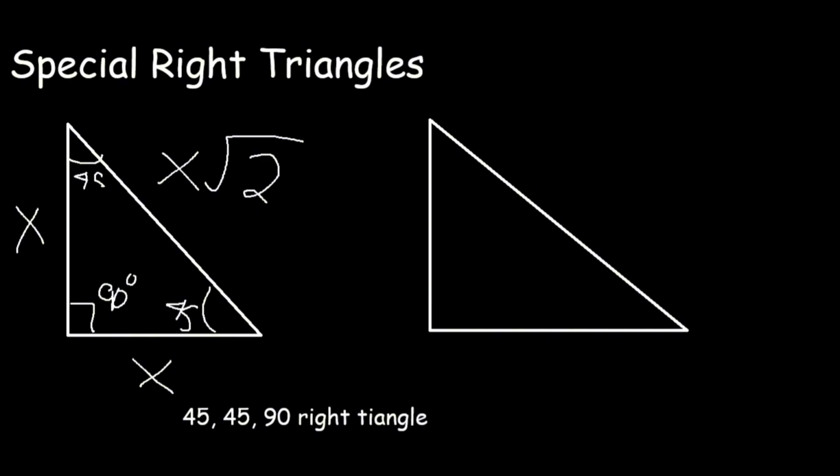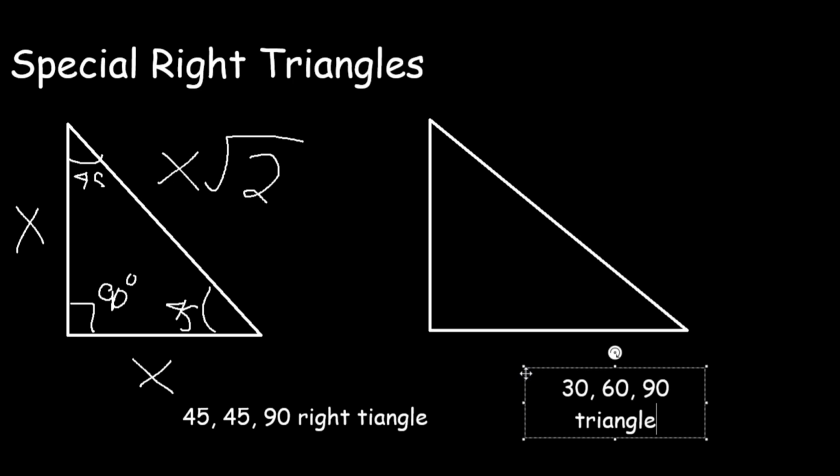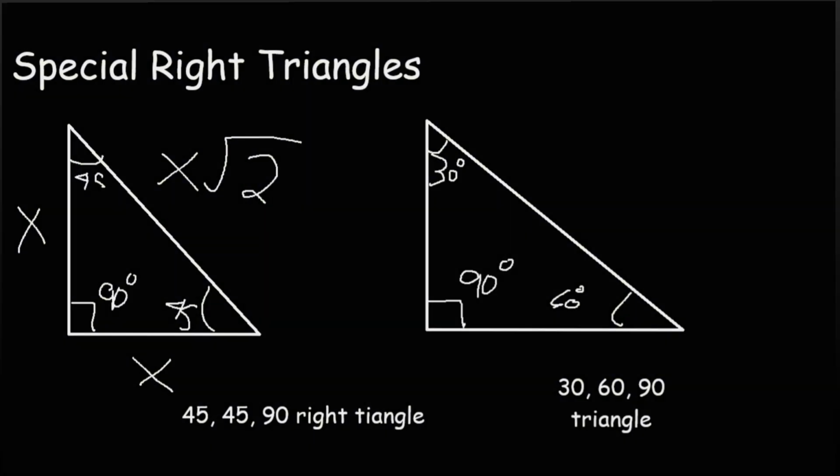On to our next one, we have our second right triangle, which is a 30, 60, 90 triangle. And their names are derived from their angles, of course. So 30 degrees, 60 degrees, and 90 degrees.